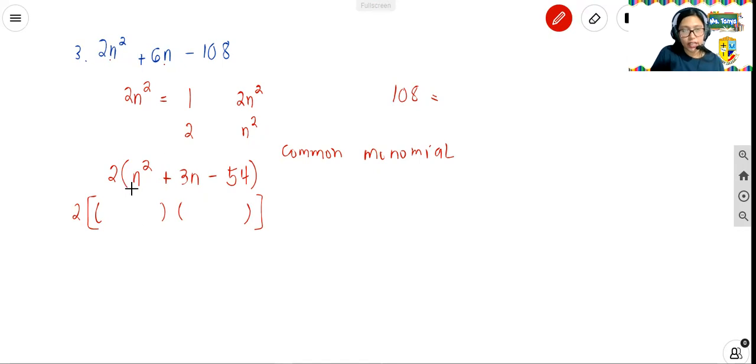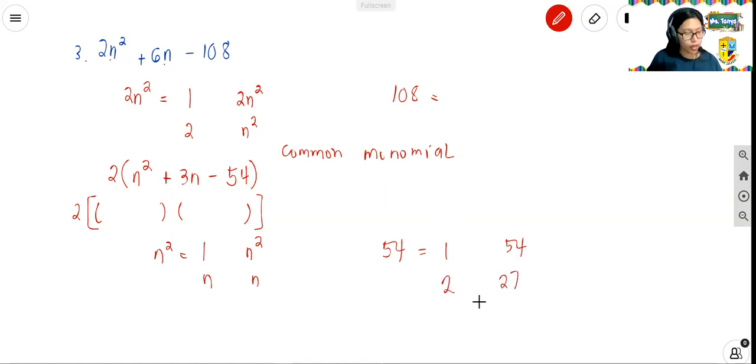So now I only have the n squared, so my factors are simpler. I will just have 1 and n squared, or n and n. For 54, this is a much smaller number, so it's easier to get the factors. We can have 1 and 54. We can have 2 and 27.